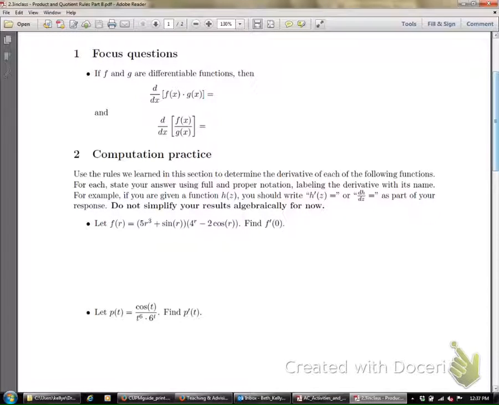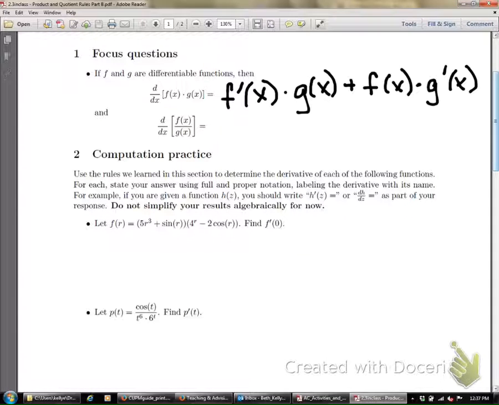Up here, if f and g are differentiable functions, then the derivative of f of x times g of x is f prime of x times g of x plus f of x times g prime of x.